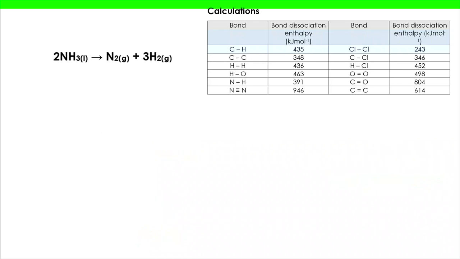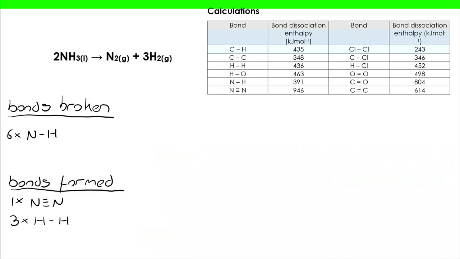So let's take a look at another example. And in this case, I am breaking 6 NH bonds. I'm forming 1 N triple bond N bond and 3 HH bonds. So I put those figures in, 6 times 391. That gives me a total of plus 2346 for all bonds broken.